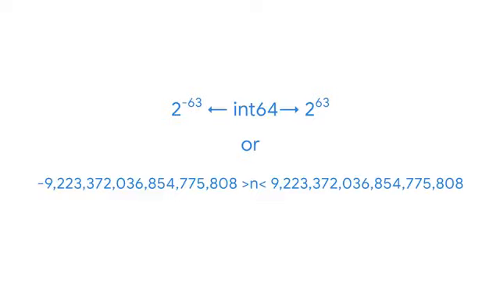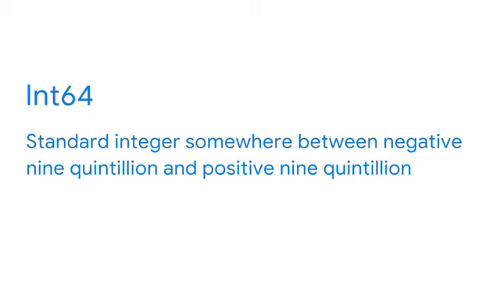Int64 refers to integer 64. It means that the data type contains integers between 2 to the power of negative and positive 63. Simply put, int64 is a standard integer somewhere between negative 9 quintillion and positive 9 quintillion.